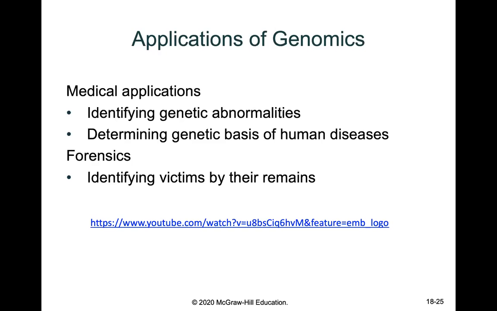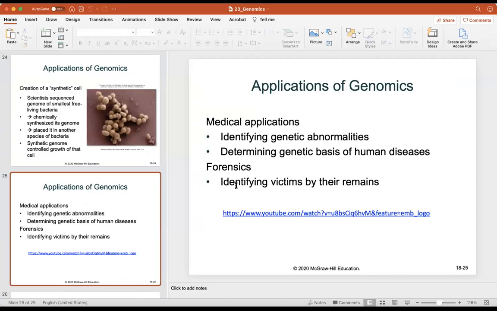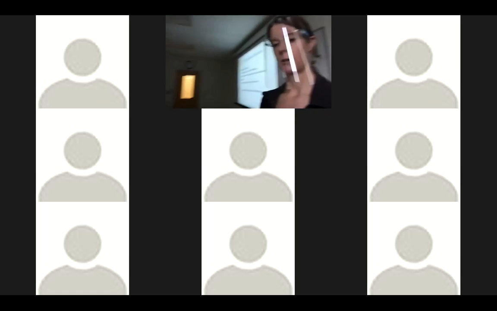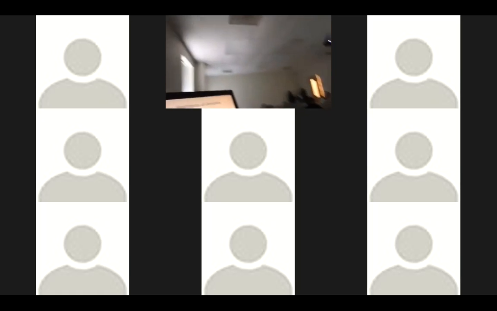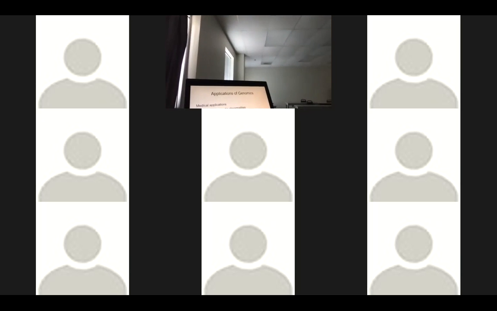Okay, so let's watch this video. This is from 2011, so it's already 10 years old, which is kind of crazy. The guy who's talking is an owner of a biotech company.